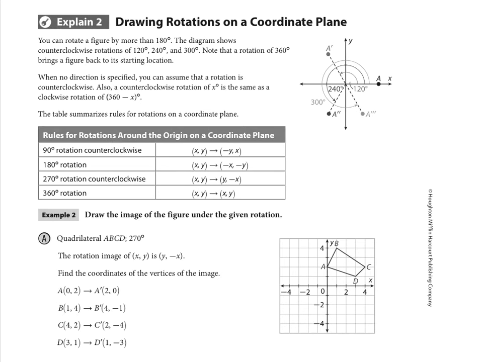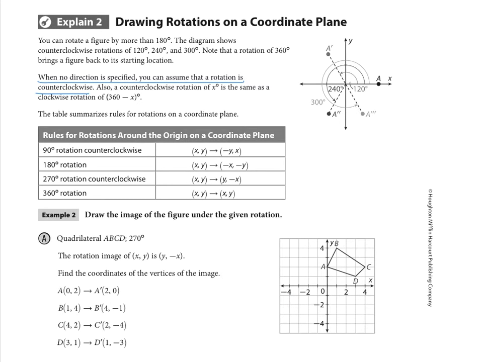The other things you need to take note of is when no direction is specified, you can assume that a rotation is counterclockwise. And if you ever get confused about that, you can either look at a clock or know that the default direction is the exact order that each quadrant is numbered in.